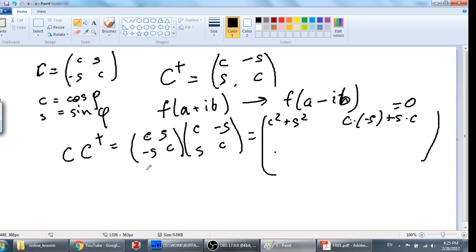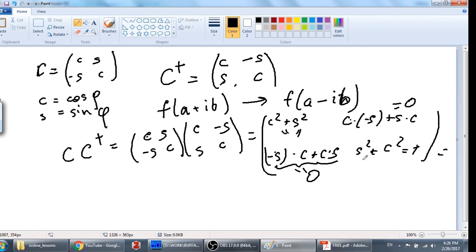Here you multiply this row and this column: minus S times C plus C times S. Again, that gives you 0. And this one is the same as the first one. The final element is S squared plus C squared, that's 1. So the result is the identity matrix: 1, 0, 0, 1.